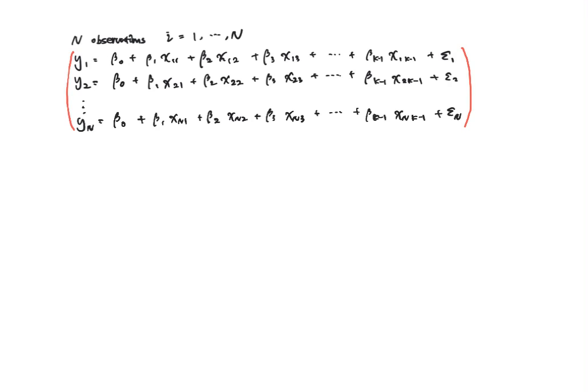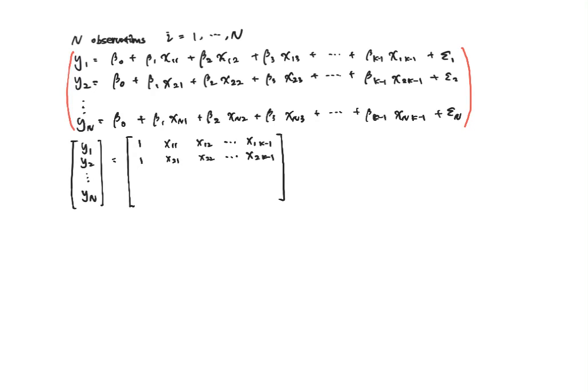This can be written with the dependent variable vector y1, y2, up to yn, and this X matrix can be written as rows of 1, x11, x12, up to x1 k minus 1, then 1, x21, x22, up to x2 k minus 1, down to 1, xn1, xn2, up to xn k minus 1.